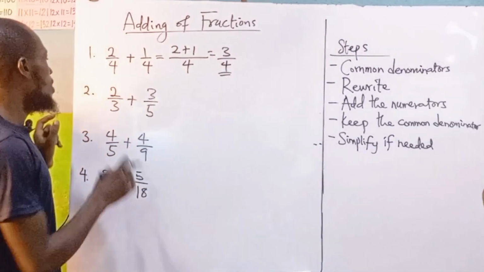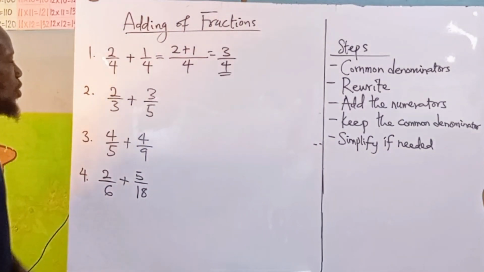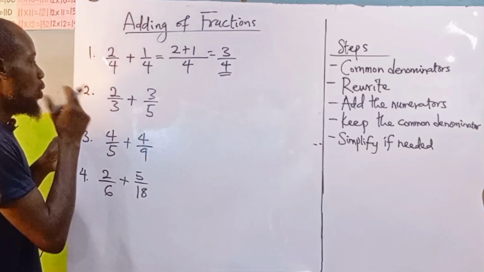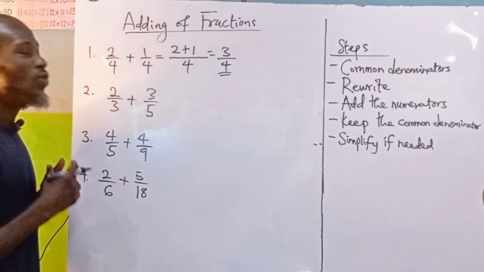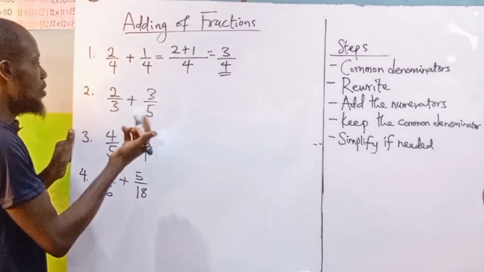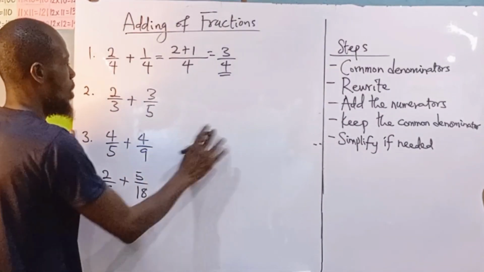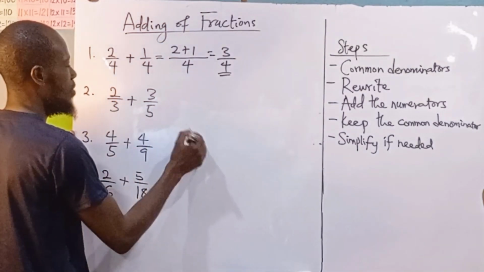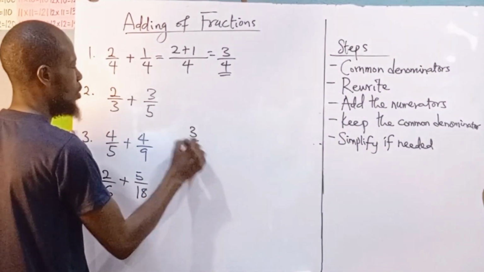Can you see? Now for the second question, we have 2 over 3 plus 3 over 5. To add this, we first need to get the common denominator. To do that, we can use the multiple method, where we list the multiples of each number.